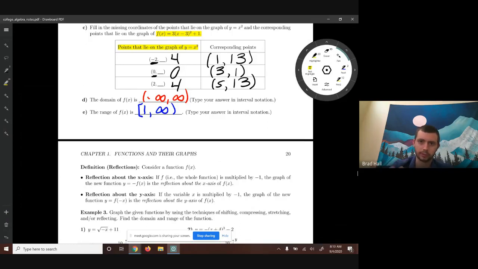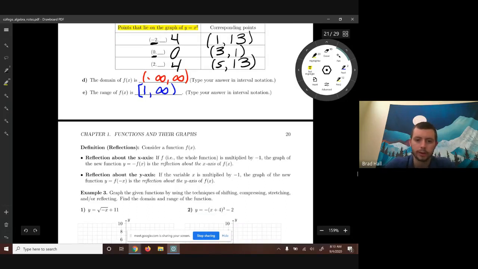And reflections are, well, if you take some graph and you flip it in some way, that's a reflection. So you can either flip it across the y-axis or across the x-axis, as you can see below here. And so visually, I think we understand how this flip works.